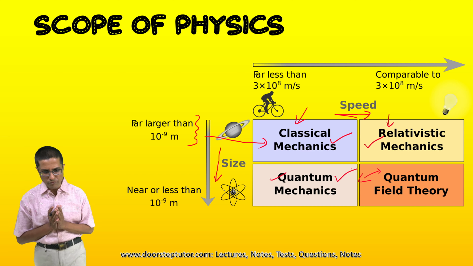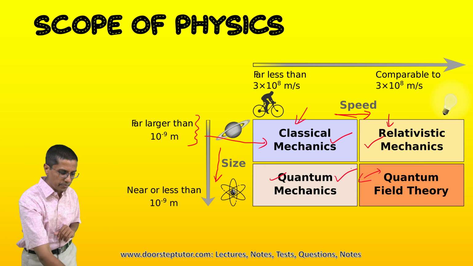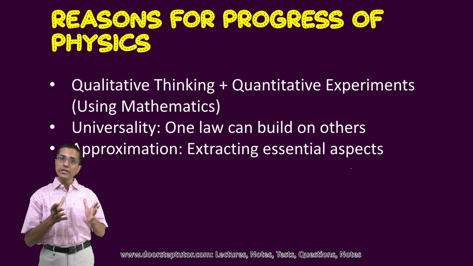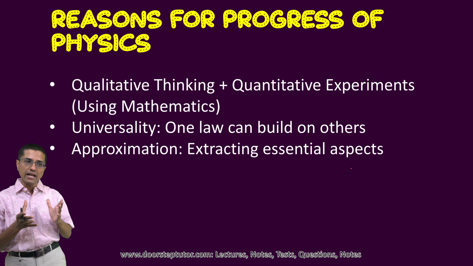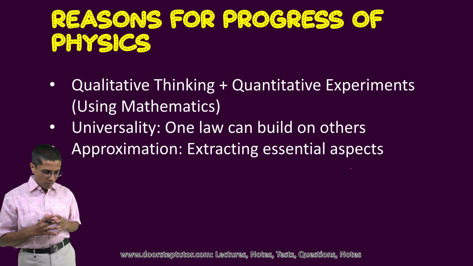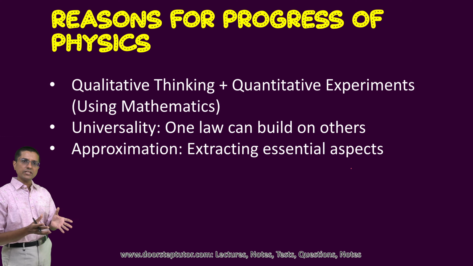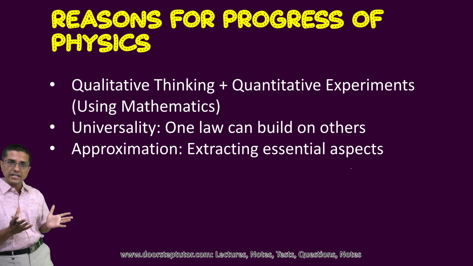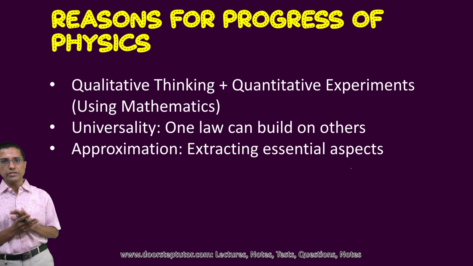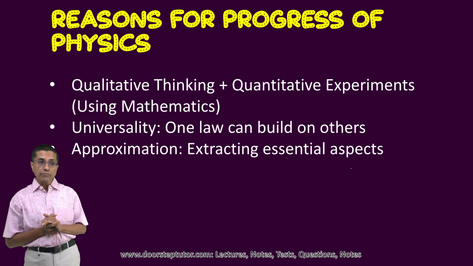I think it is a very exciting time to study physics, to become a physicist, and not only to solve questions, but to really have an interest in physics. Now we know that physics has made tremendous progress, and of course that is reflected in our technological progress as well. Without progress in physics, none of the technologies would really have happened. And what was the reason for that?